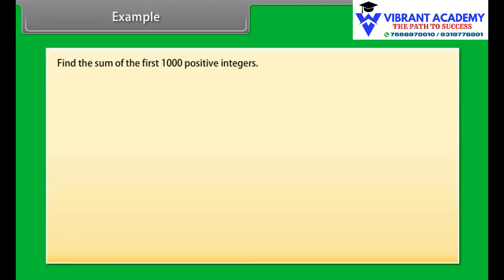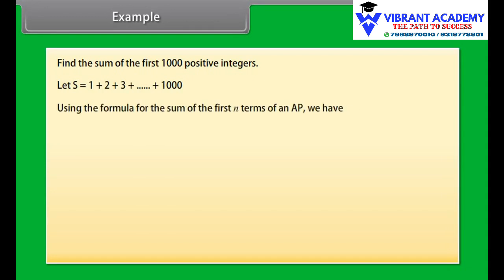Find the sum of the first 1000 positive integers. Let S be equal to 1 plus 2 plus 3 plus so on plus 1000. Using the formula for the sum of the first n terms of an AP, we have Sn is equal to n upon 2 into (a plus l).